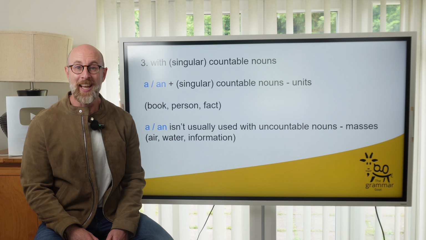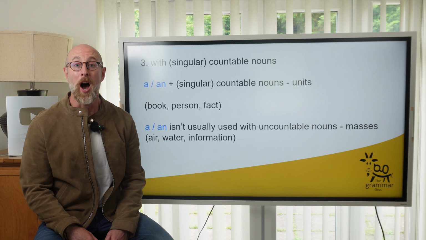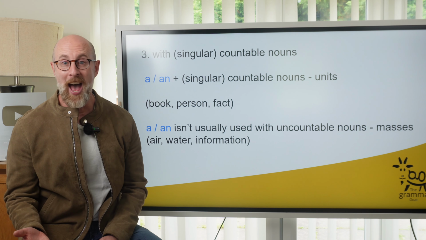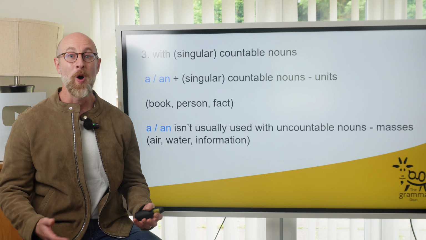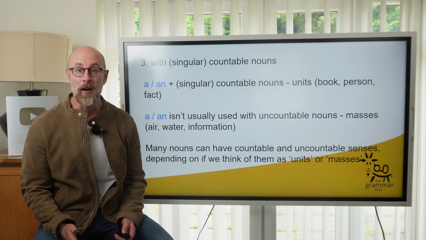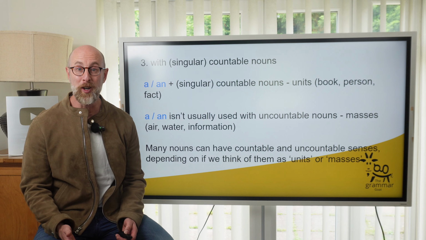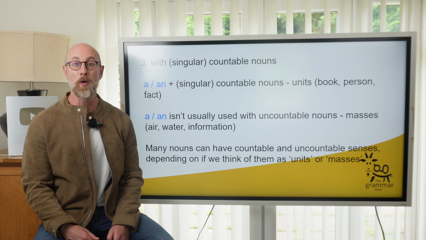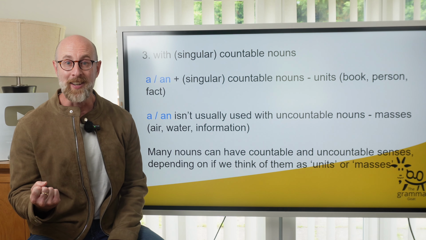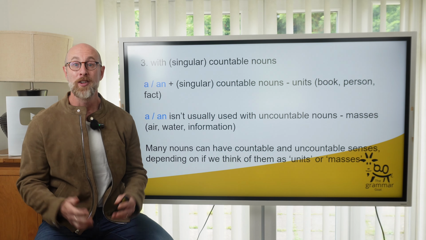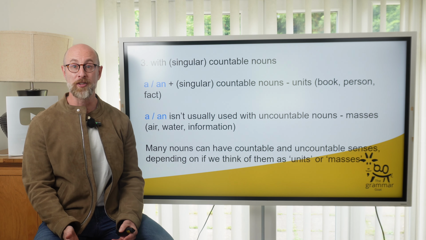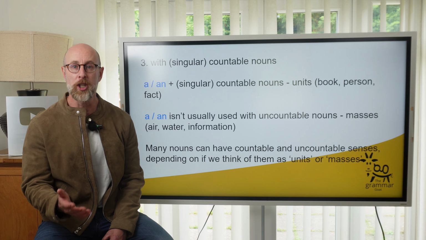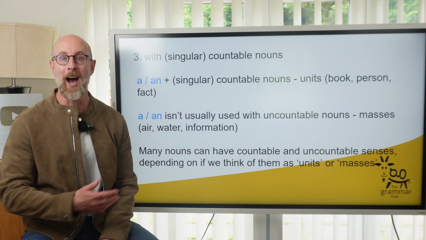A or an isn't usually used with uncountable nouns, masses, air, information, water. However, English grammar is difficult because we can think of some nouns as both units and as masses. Some nouns have a countable sense and an uncountable sense. I'm going to show you some examples now.